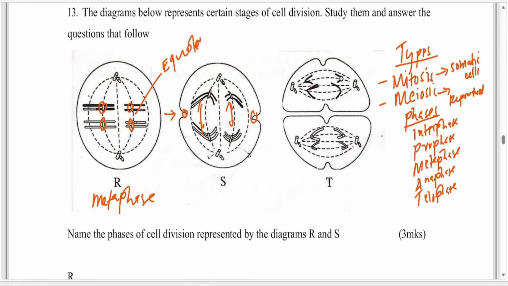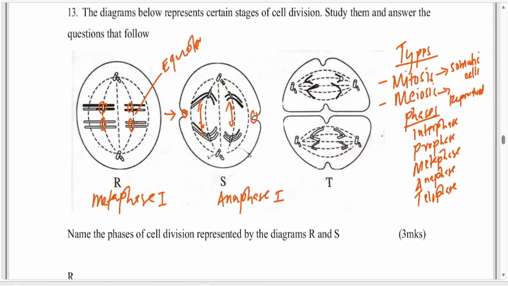The chromosomes, remember, are still in pairs, but the homologous chromosomes have separated. So S becomes anaphase 1. This was metaphase 1, and S now is anaphase 1.